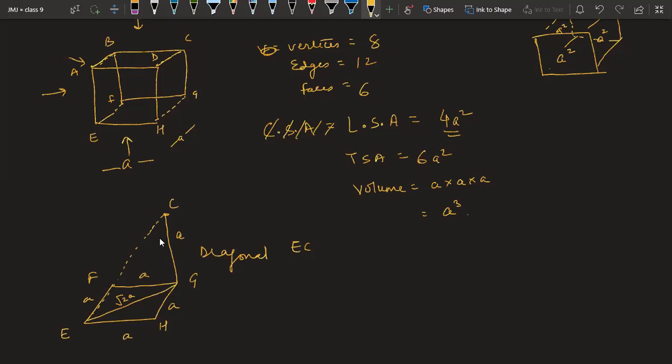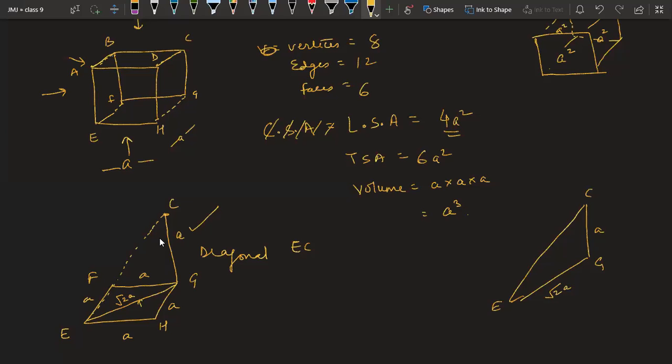I'm trying to show you in a 3D way. We have found EG first using Pythagoras theorem in the square. A we already know this one. So you now know two things. This thing you know is root 2a. This thing is a. You need to find this EC. Very simple.